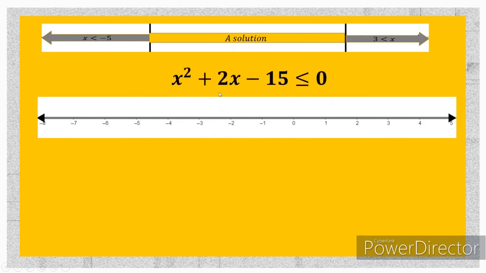Our quadratic inequality is x squared plus 2x minus 15 is less than or equal to 0 since ang ginamit natin dito is less than or equal to, ang gagamitin natin sa pagpa-plot sa point ay solid dots to indicate that the critical numbers are included in the solution. So, since ito yung ating solution, ang gagamitin lang natin ay segment. Okay? So, highlight lang natin. So, meaning this is the solution set of the quadratic inequality x squared plus 2x minus 15 is less than or equal to 0.